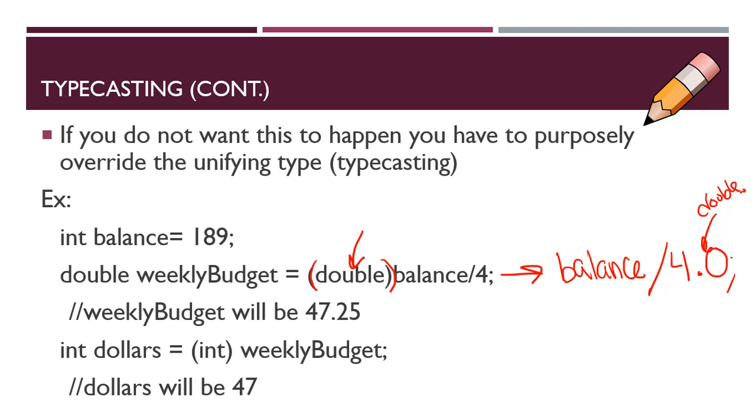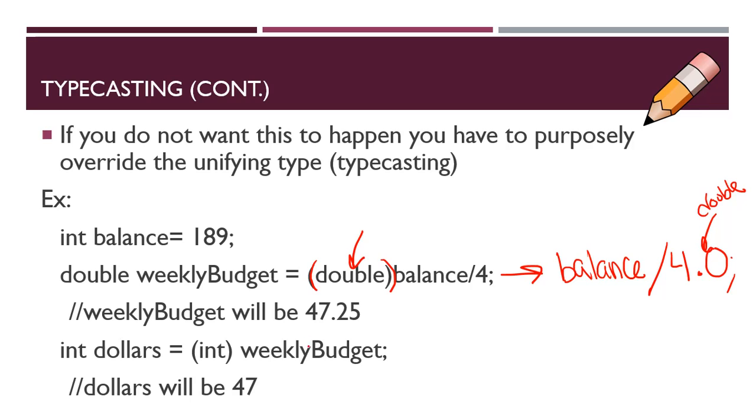Now you're probably saying, Marsh, 4 and 4.0 are not different. And I'm going to say, you're right. But according to Java, he thinks that is different because of that decimal. He thinks those are different data types. Same thing I can do: I can also put int in front of something, and I can force it to be an integer.